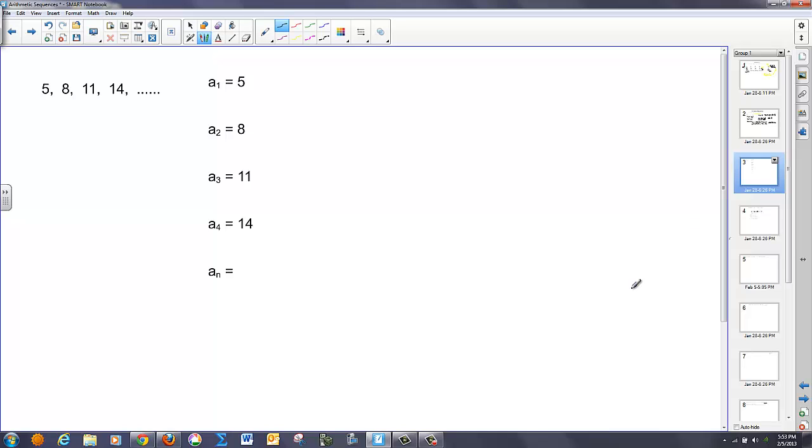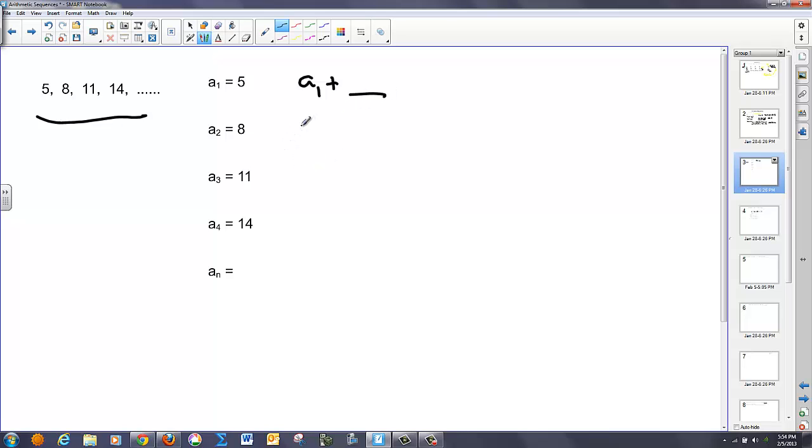So now what we're going to do is go about writing an explicit formula for this sequence of 5, 8, 11, 14. And we're going to do that by taking a look at how we get from one term to another using the common difference. So in this case, we have the first term plus no common difference. So it's just the first term.